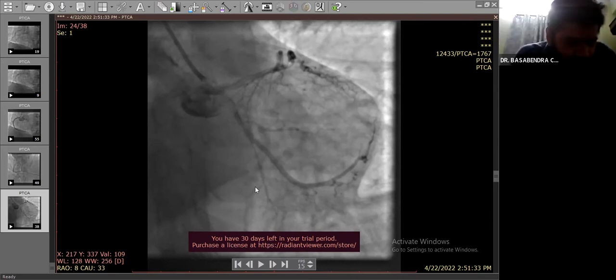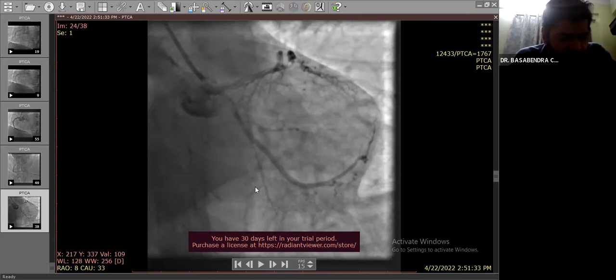As we saw, the LCX ostium has more than 95% disease, almost subtotal occlusion. There would also be difficulty in placing a stent right at the ostium, whether the disease would be covered or whether the left main, and the proximal LAD is also not disease free.